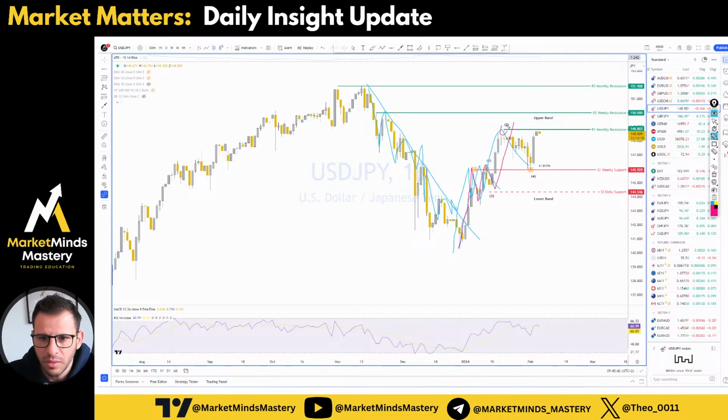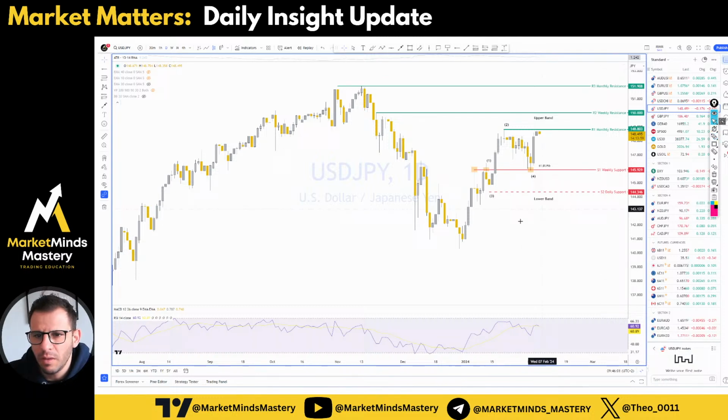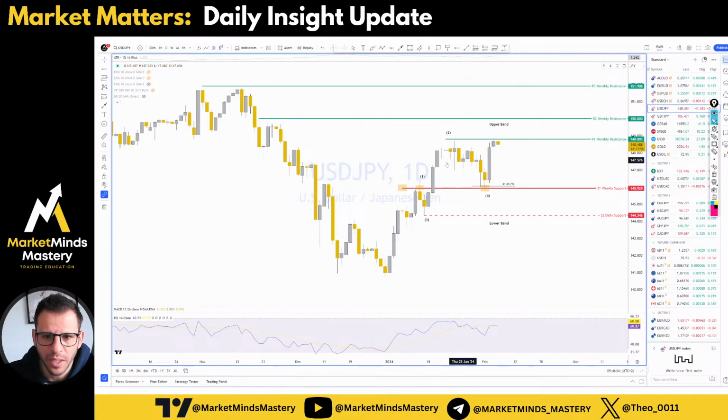Price retraced back to the 61.8 fib that aligned with a weekly support, and it moved upward. Now it's sitting here at resistance. What do you expect to happen with this one? Well, the first thing we expect is, if the move is strong, it's going to penetrate this resistance.